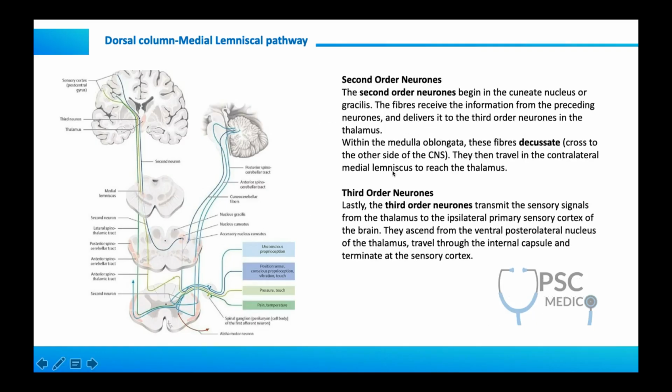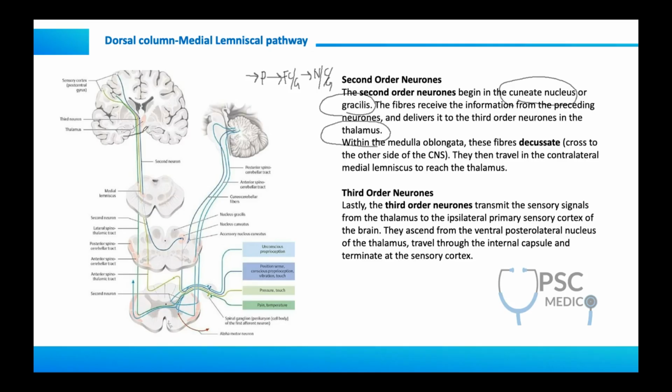Second order, as I told you, starts with the peripheral nerves, and from there, with the help of fasciculus cuneatus and gracilis, it reaches the nucleus cuneatus and gracilis. The second order neurons begin in the nucleus cuneatus and gracilis, and from here they reach the thalamus.